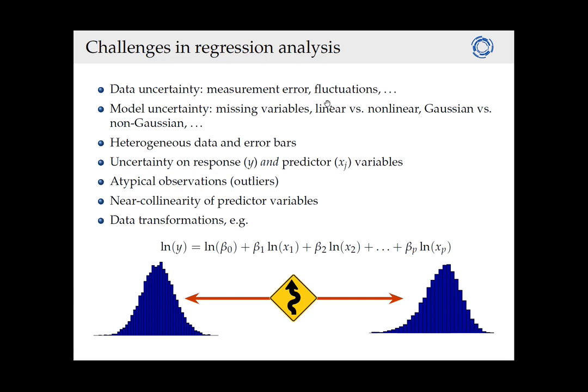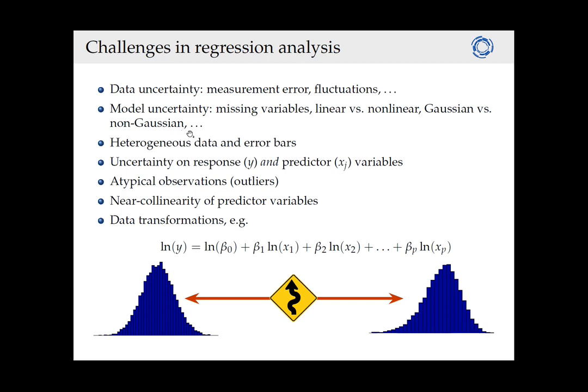There is of course always the choice between either a linear regression model or various choices of nonlinear models. Then the stochastic component of the regression model could be Gaussian, but might also be non-Gaussian. So these choices introduce model uncertainty.